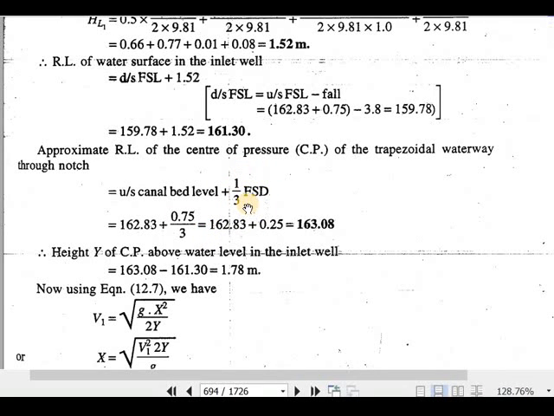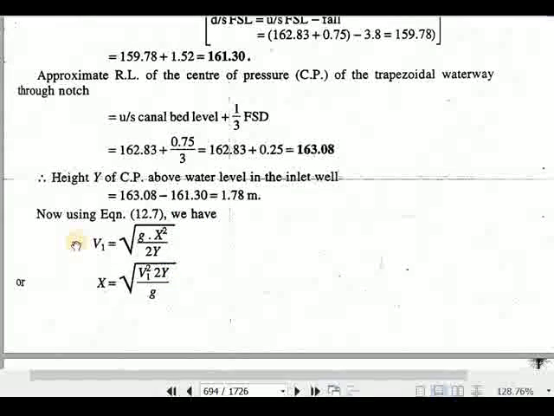We will also study in our dam design that the center of pressure acts at 1/3 of the full supply depth. So height Y can be calculated as 163.08 minus 161.30, that is 1.78.